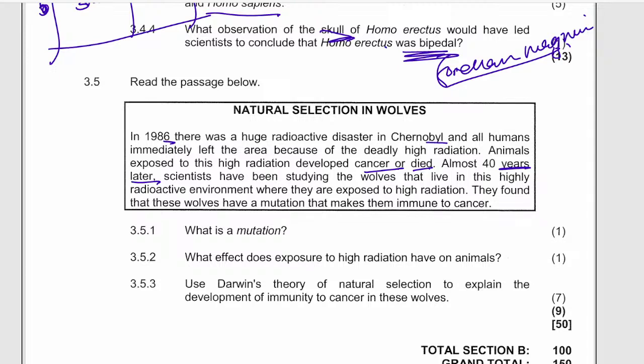I don't understand something here. We are in 2024? 1986. When you subtract here, can it make 40 years? Why did they say 40 years? People in the group, can it make 40 years?